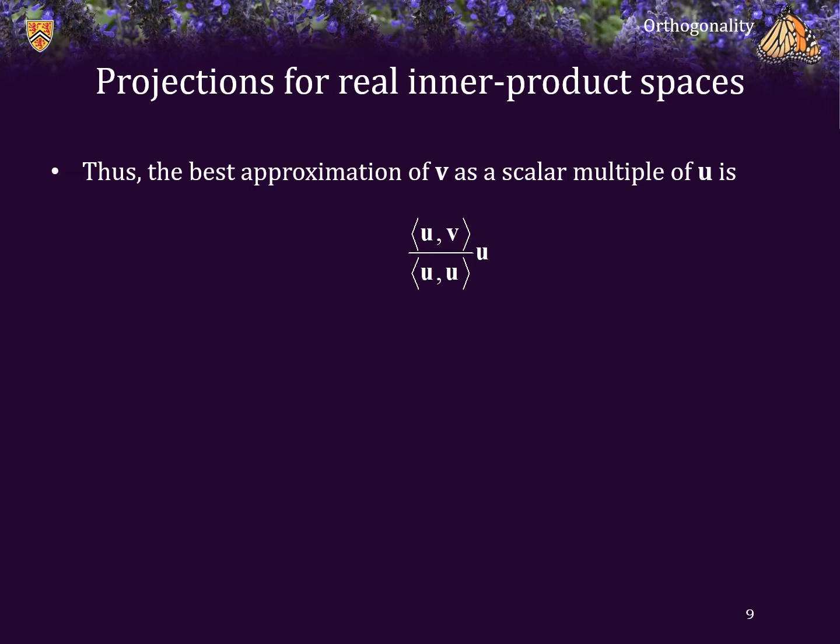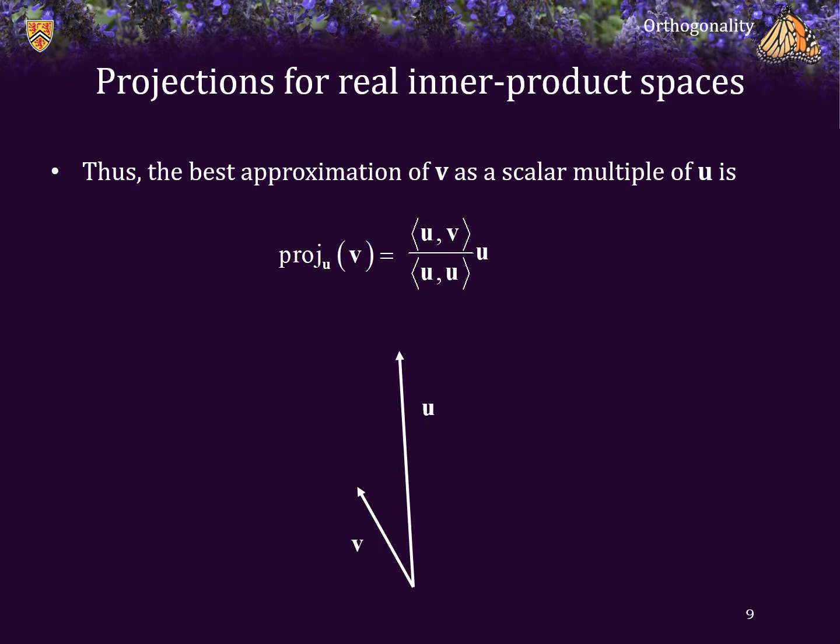We will denote this projection as the projection of v onto the vector u shown here. So u is fixed. We can use different v's and find different projections onto this particular vector u. Now, for example, here are two vectors.